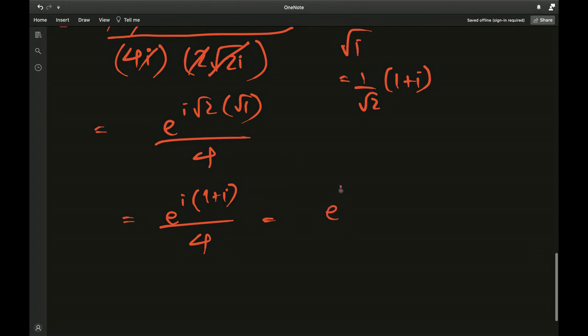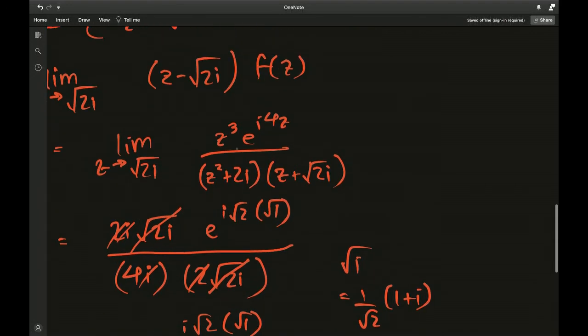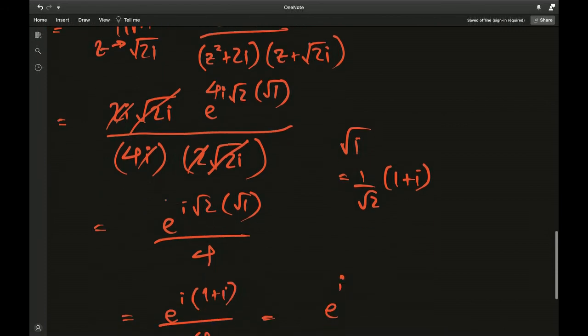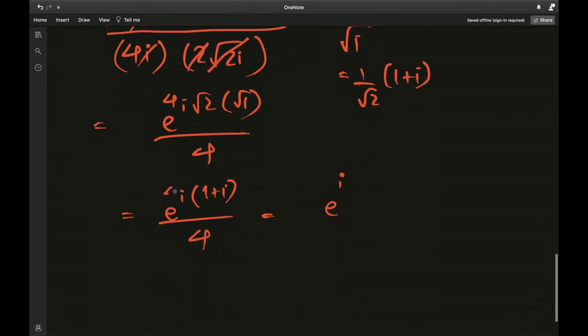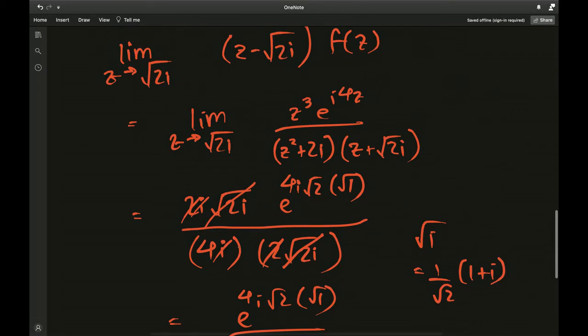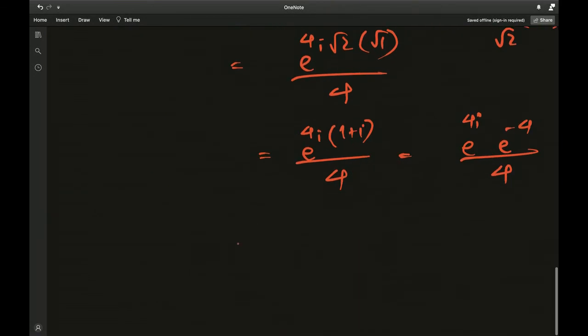Then e to the i, I believe there is a 4. Yeah, sorry guys, this is improv, this happens. 4i times e to the negative 4 divided by 4. That is residue number 2.